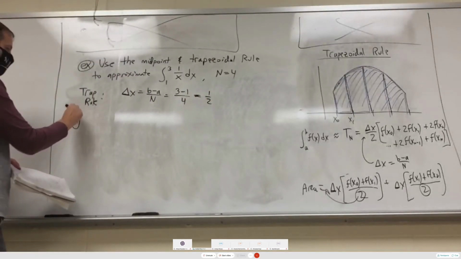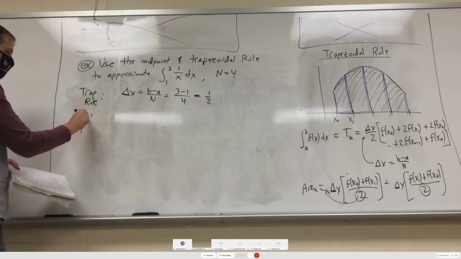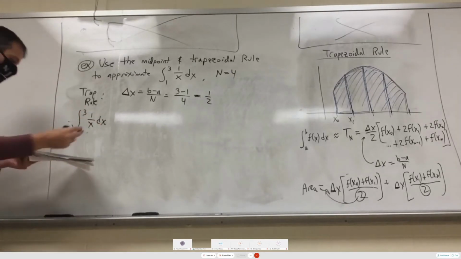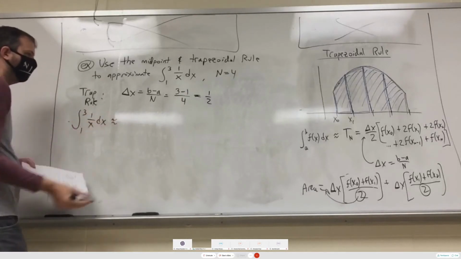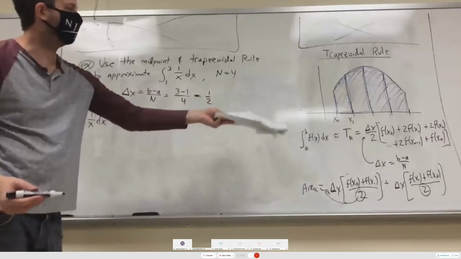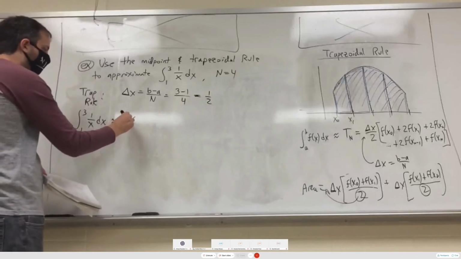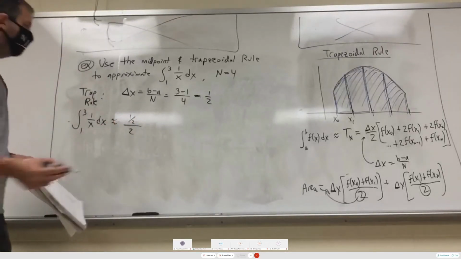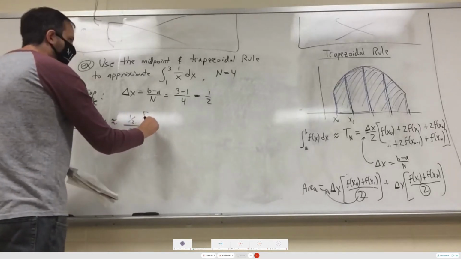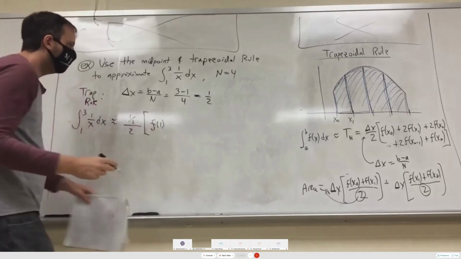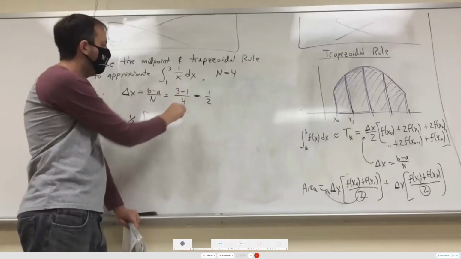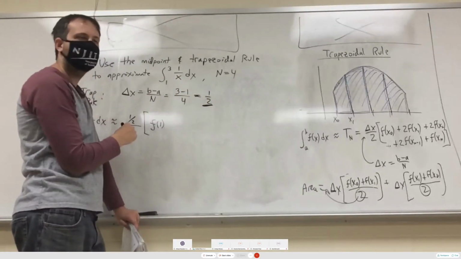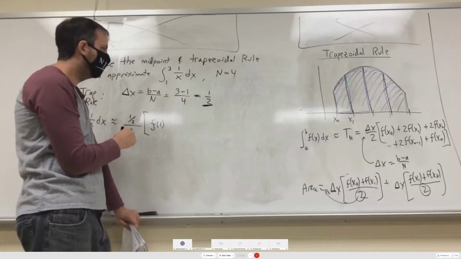So by the trapezoidal rule, the integral of 1 over x dx from 1 to 3 is approximately equal to, and just copying from there, delta x, which is a half, over 2, which is the constant that we pulled out, times f of 1. And now we know what all these values are, because the delta x amount that I'm going to be going along is just 1/2 a unit.